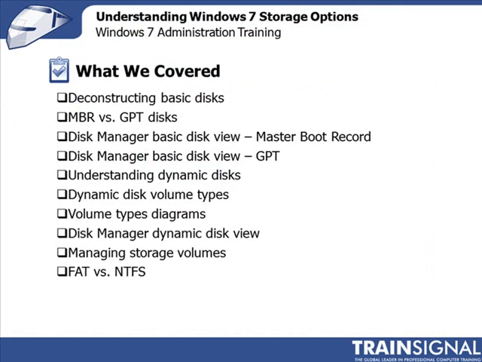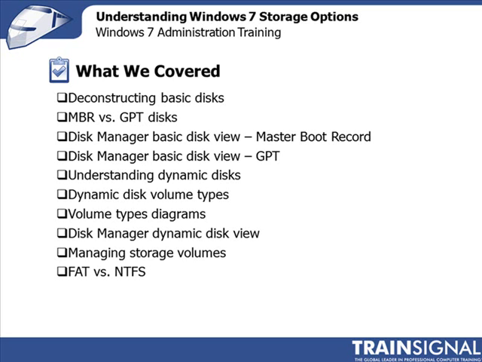We covered a lot in this lesson, including the deconstruction of basic disks into their primary components. You learned about the difference between master boot record and GUID partition table disks, and you got some graphic views of what Disk Manager looks like with each one of these different kinds of disks. We then talked about dynamic disks and some dynamic disk volume types to help enable some of what GlobalMantix needs for some of its workers, specifically the business analysts and the database guys.